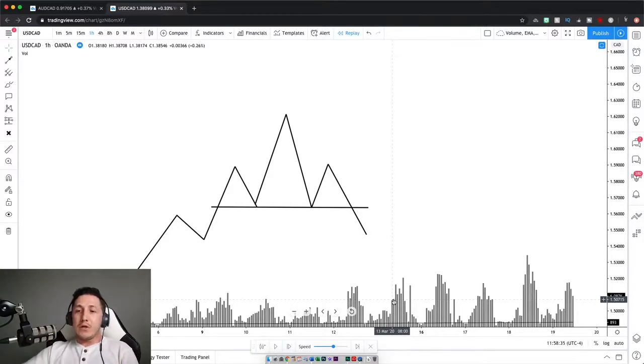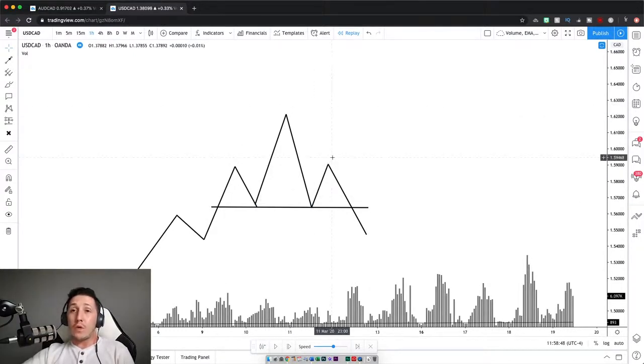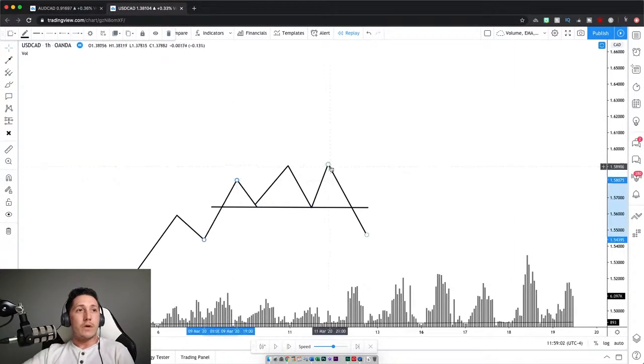Another thing he did notice in his backtesting was patterns with taller peaks were more probable. They had a better win rate than the ones that had, let's say, a short move like this.